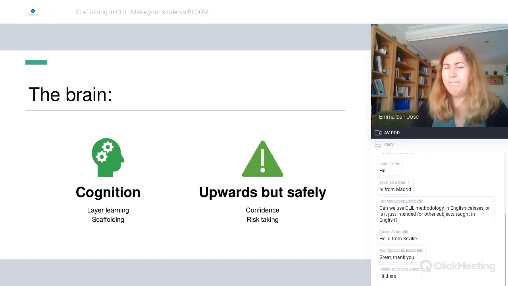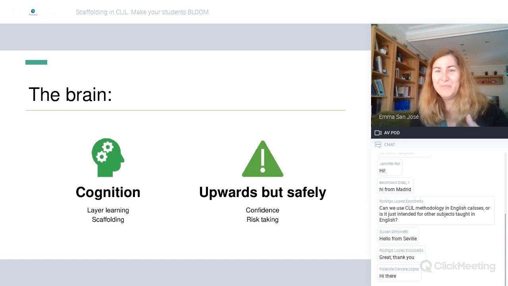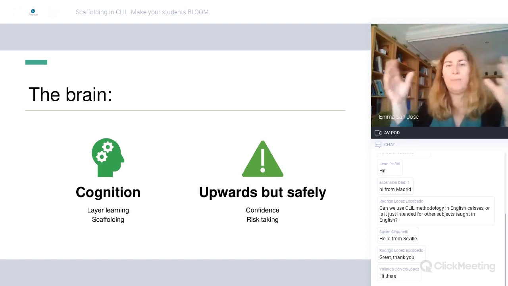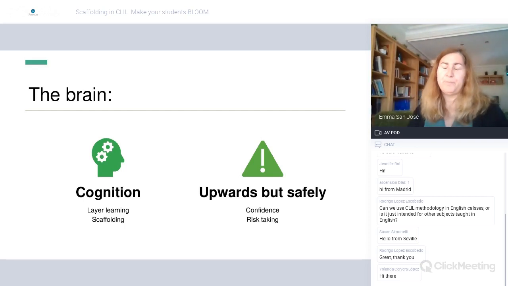Okay, for me, learning is like, I've got this here, this layer learning, but in a way it is, right? You learn something, and then when that is clear and that's done, you pile up. The next bit of layer of learning comes as the next layer. And so in the end, it all piles up and you can climb up and you can reach the cookie jar. So this layer learning needs that.